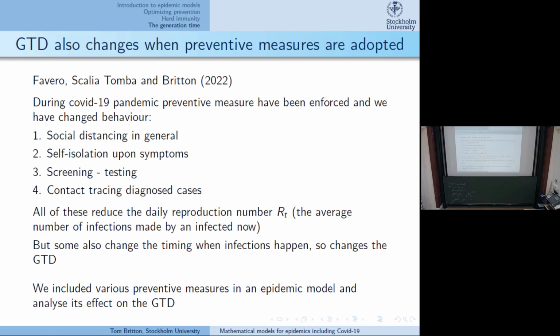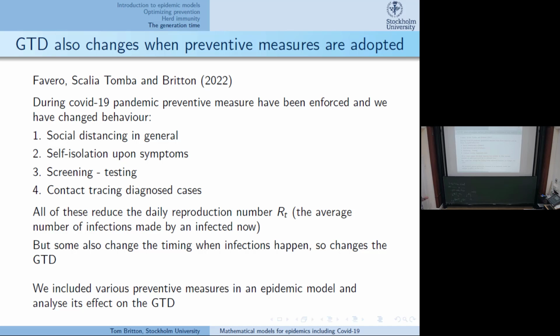But what happens with the generation time if you start having preventive measures? Then we looked at different preventive measures, for instance, if you contact trace, or if you screen, and probably a few others, if you encourage people to self-isolate, and if you test people. The typical effect is that you make the effective infectious period shorter.